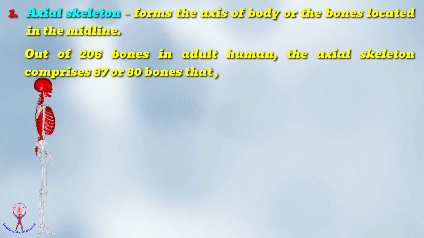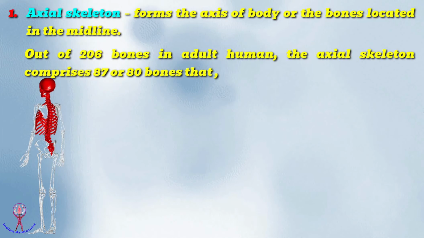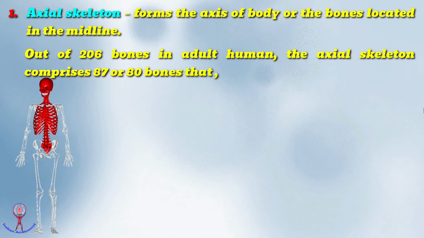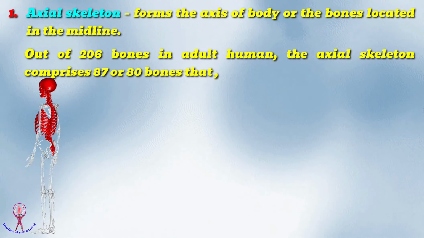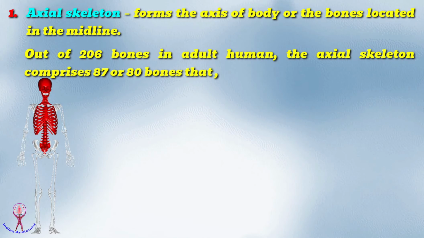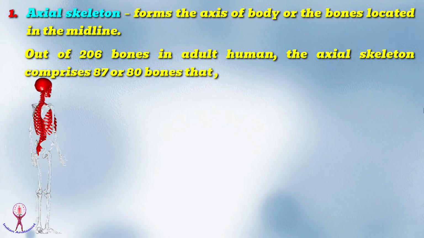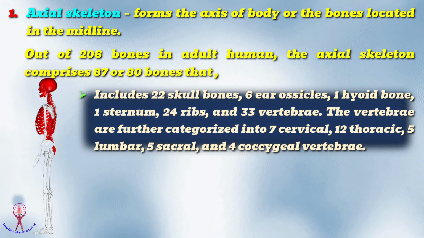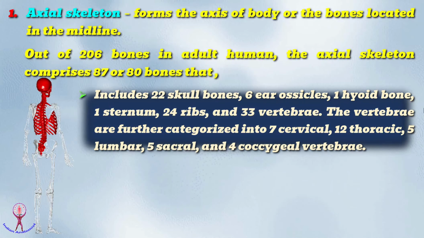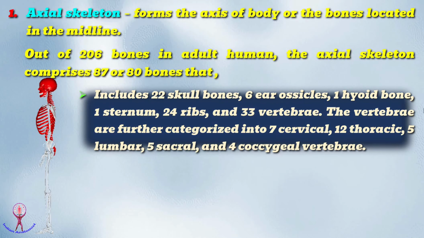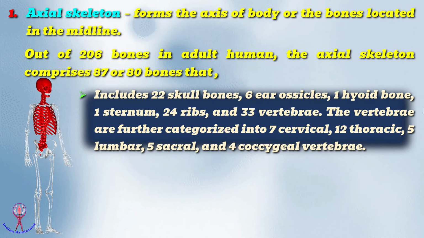Axial skeleton forms the axis of body, or the bones located in the midline. Out of 206 bones in adult human, the axial skeleton comprises 80 bones. That includes 22 skull bones, 6 ear ossicles, 1 hyoid bone, 1 sternum, 24 ribs, and 26 vertebrae.